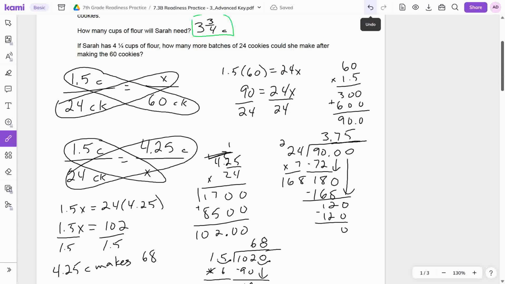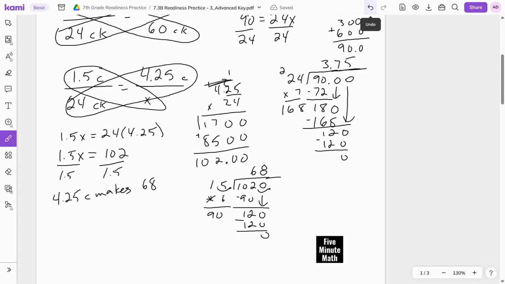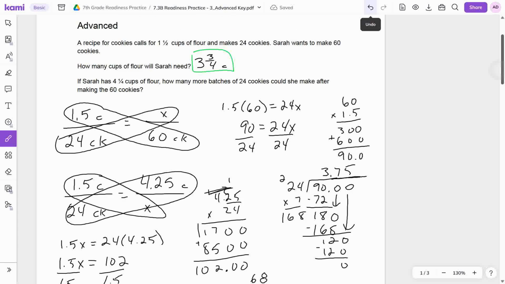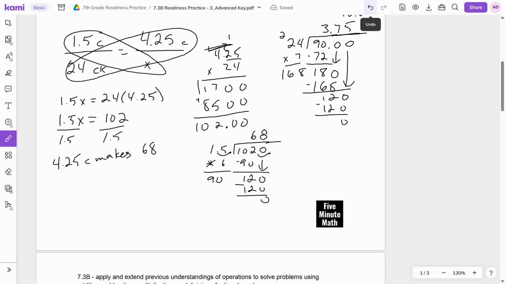So if we've already made this 60 right here, that means that she's got this 4 1/4 cups. Now, after she makes the 60, she's only made 8 more. So 4 1/4 cups make 68 cookies. And then that just makes 8 more. That's 8 more than 60.